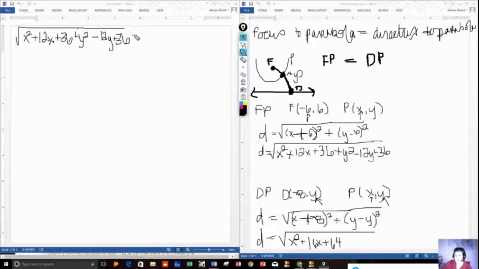And that's going to equal the square root of, and the distance from the directrix to the parabola is the square root of x squared plus 16x plus 64.